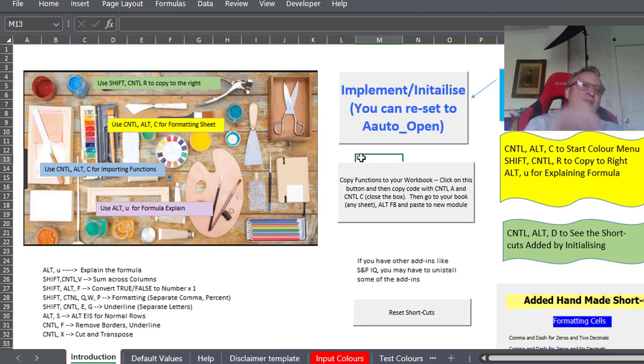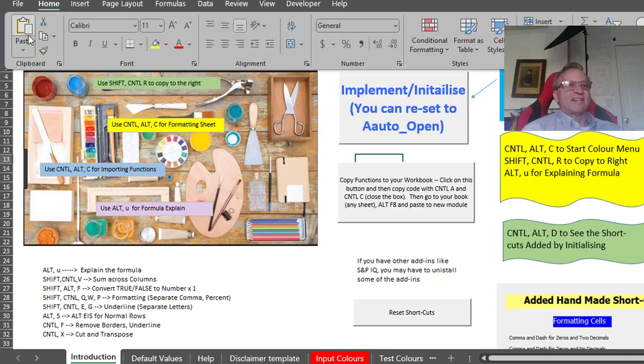There's no way. If you're going to go up to the file, up to the home, and every time use a paintbrush, I don't care how fast you can do it. It's not going to be as fast as the shortcut.